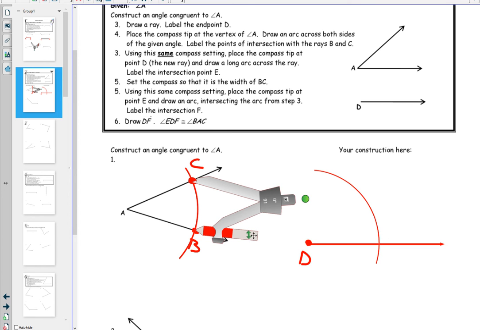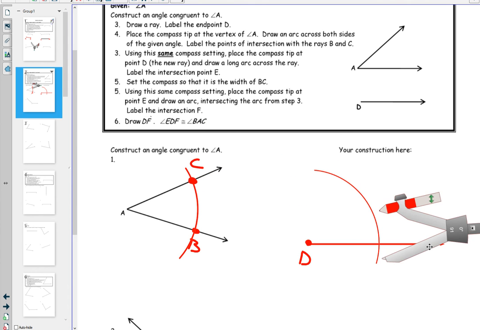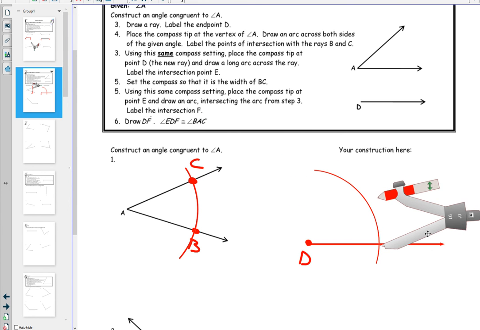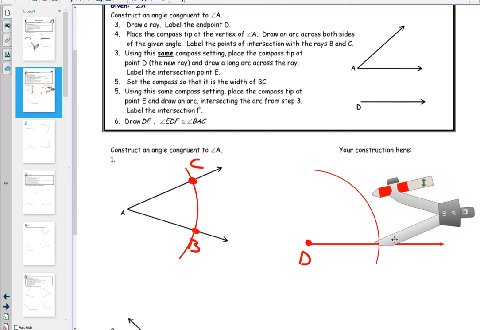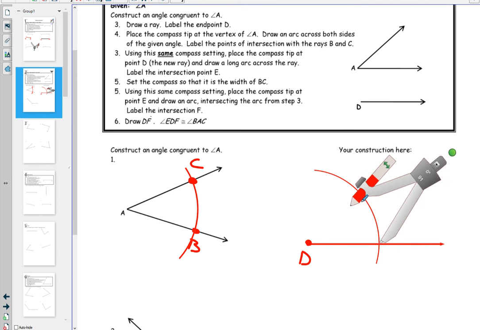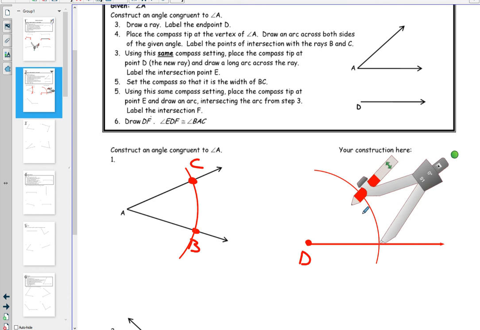Okay. Once you have that distance measured, bring the tip over to where this point was crossing over here on the other ray that you drew, and draw an arc so that it crosses the first arc that was already there.